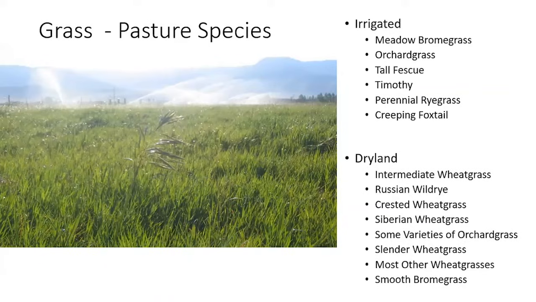You see Timothy there. That's a popular one for horses, and you've got to make sure that you understand the growth habits of Timothy in order for it to survive. Timothy grows by having a culm at the base of the plant, and that culm is really nice and juicy and quite tasty to animals that graze it.